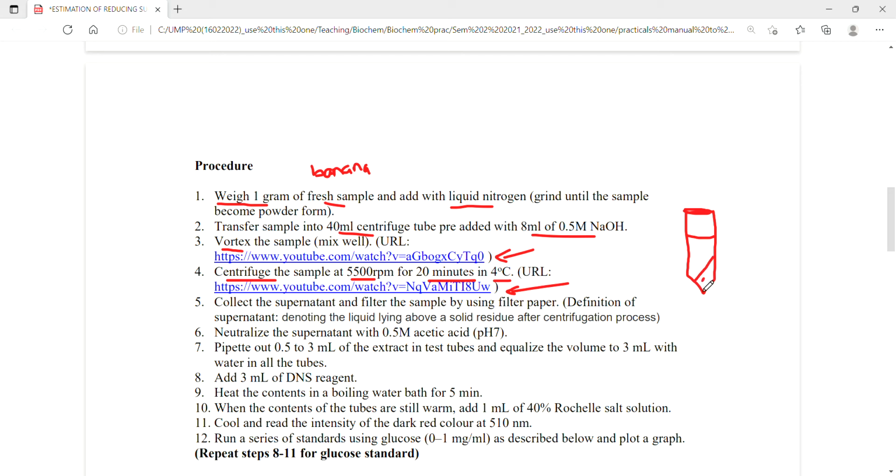This is the bottom sediments, the banana material that you don't want, sediments at the bottom, because it's been spun at a very high speed.